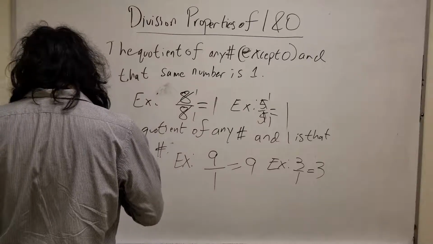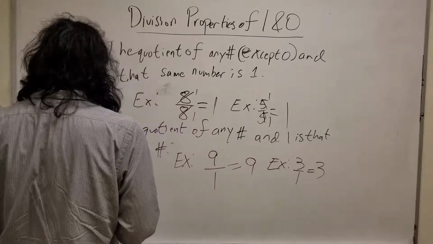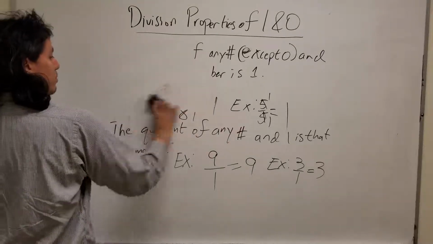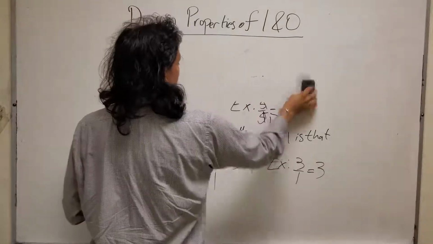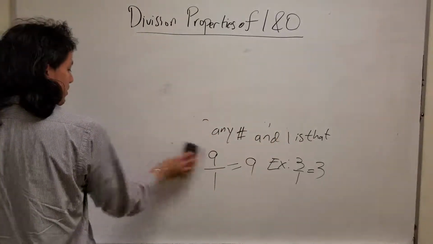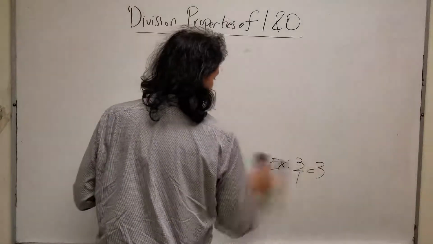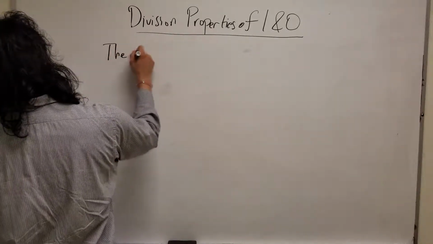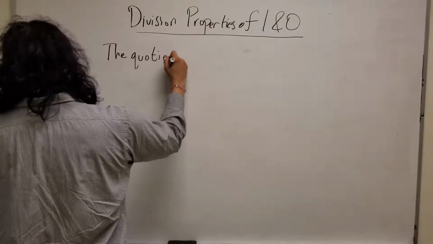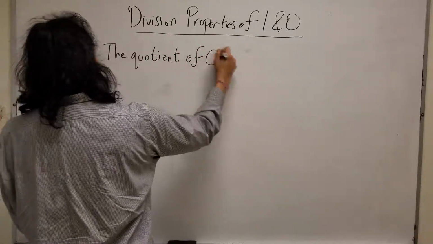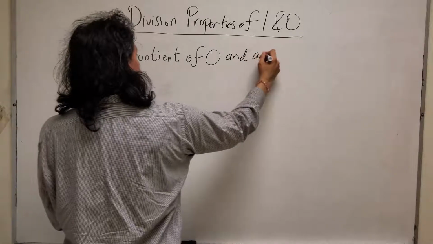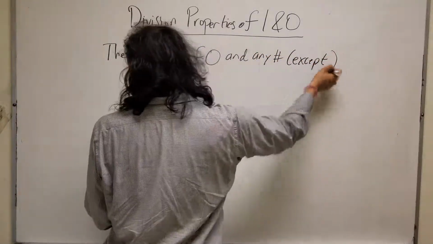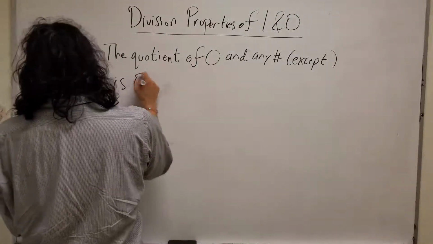Okay, so now let's understand the concept of 0 and why that property is important. All right, 0. So the quotient of 0 and any number except 0 is 0.